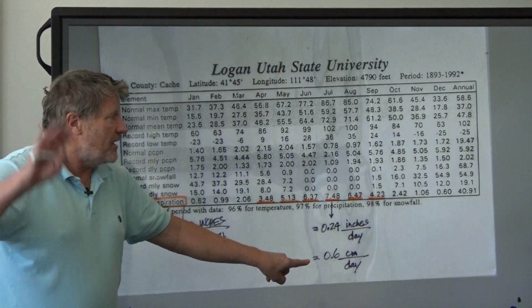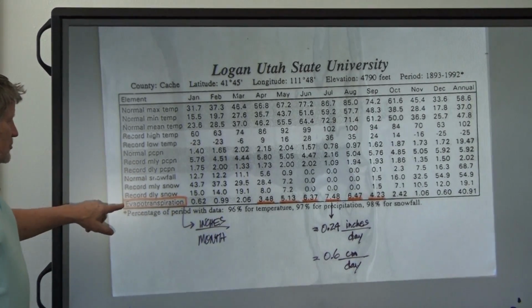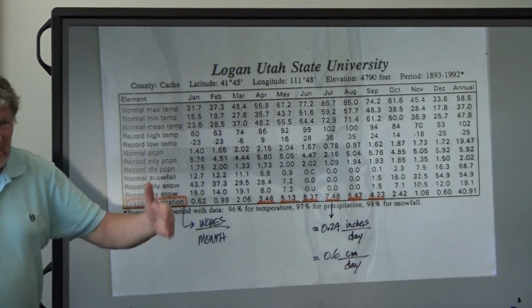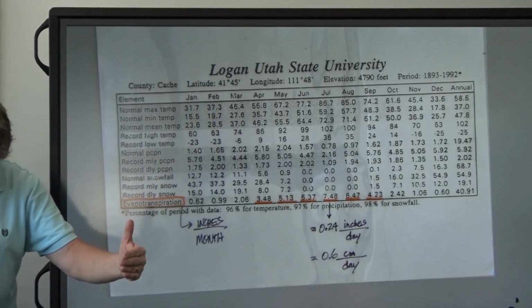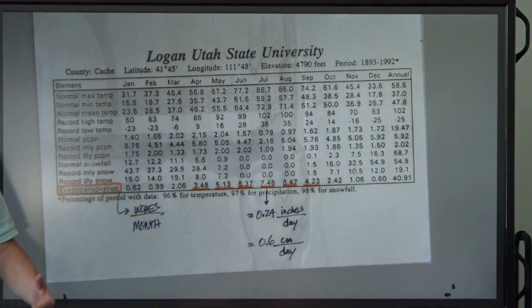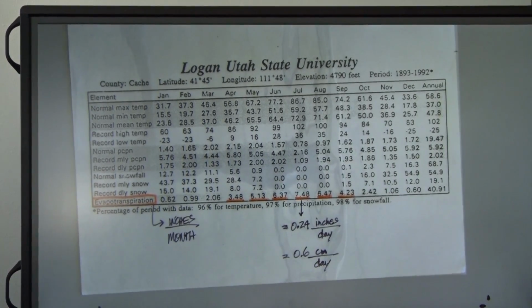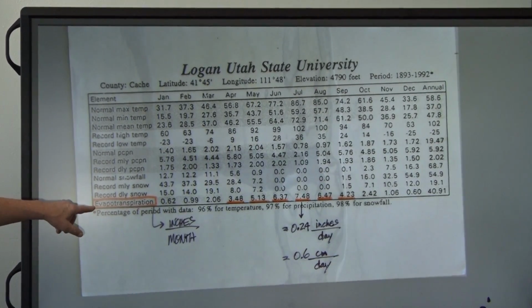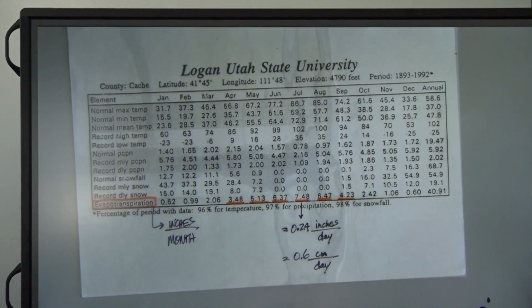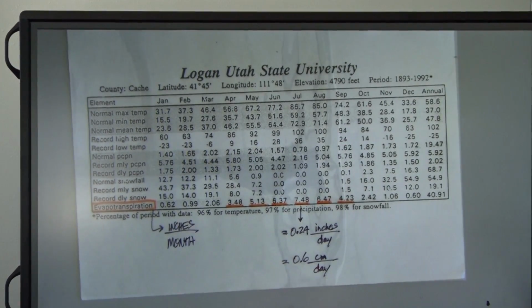I think this is measured by pan evaporation, taking a pan with water in it and looking how much water evaporates in that pan. It's an old time-honored, simple method to do this. So pan evaporation, we get a number right here, equals 0.6 centimeters per day.